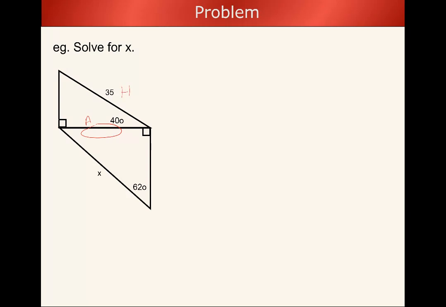So adjacent and hypotenuse is Cah, or cosine of 40 degrees is equal to the adjacent side, I'm just going to call it A, because they don't have it labeled, over 35. You've got to multiply both sides by 35, just like the first couple of examples that we had. And that's going to give us what A is, because that cancels that out.